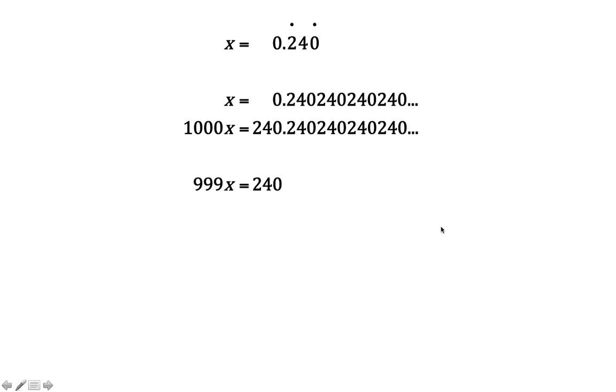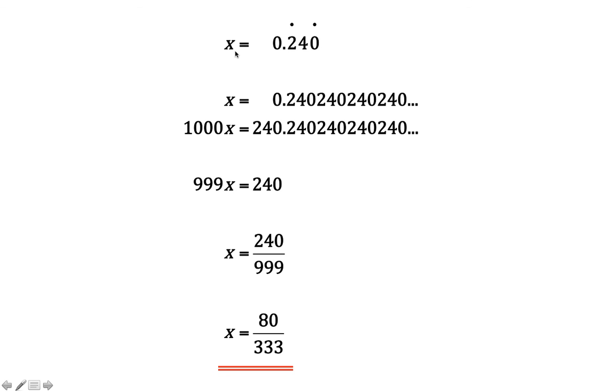If we divide everything by 999, we can find out that x is 240 divided by 999, which we can simplify a bit to 80 over 333.